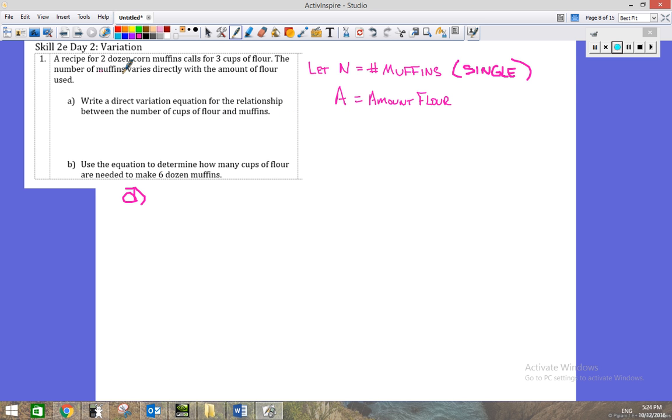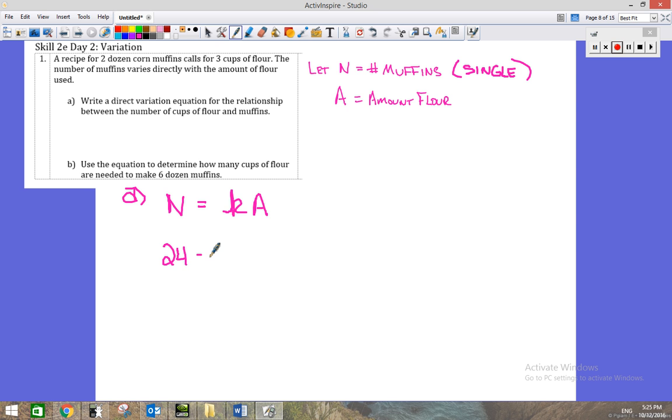So the number of muffins N varies directly with the amount of flour used. So there's my equation: N is equal to K times A. It tells me up at the very top enough information to determine K. It tells me that a recipe for 2 dozen corn muffins, well, 2 dozen for me is 24 muffins.